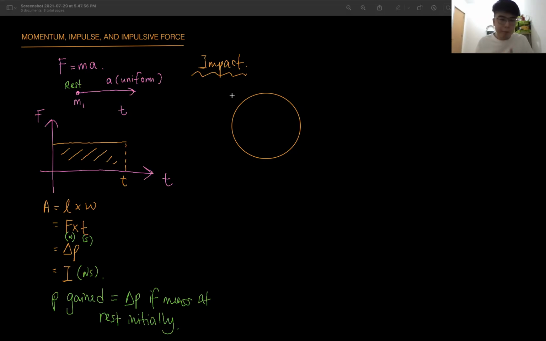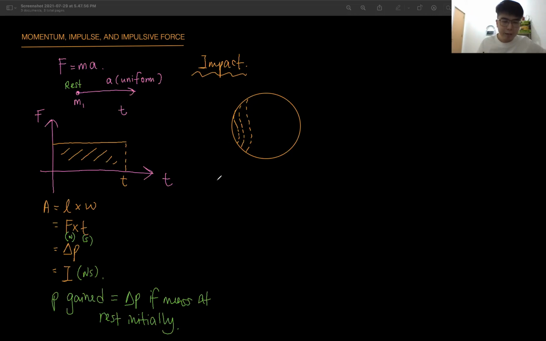So what happened when you hit the surface of the ball? The surface first will deform. It will be pressed inward like this. Before the ball moves, the surface will deform first.